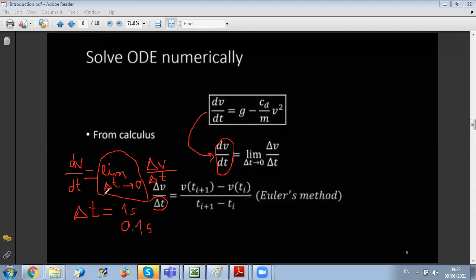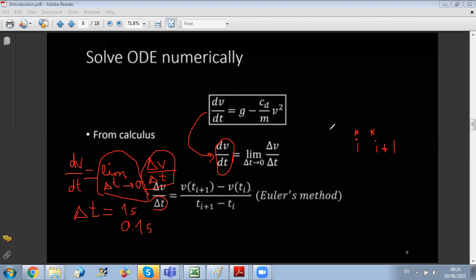Now, the question is how to compute this term numerically. If I have a function, let's say a point i, this point is surrounded by other points. I have points after it, and points before it.